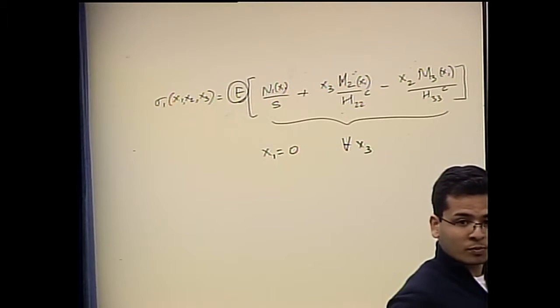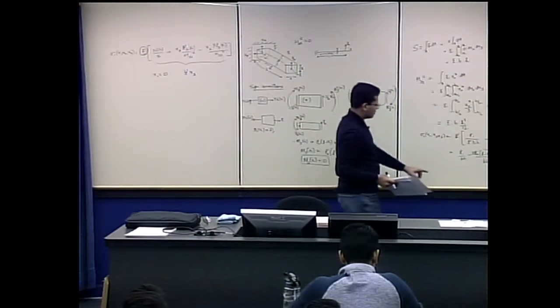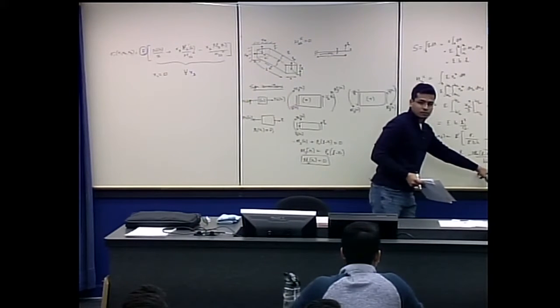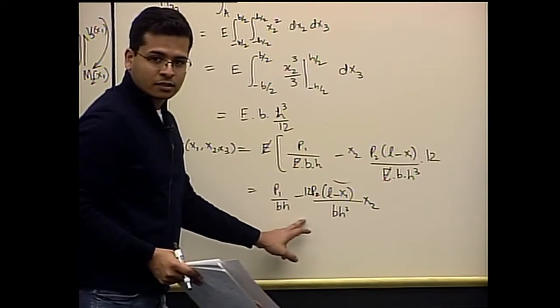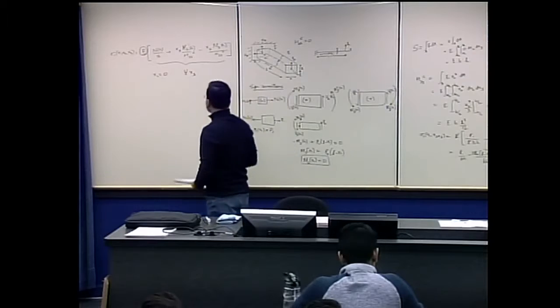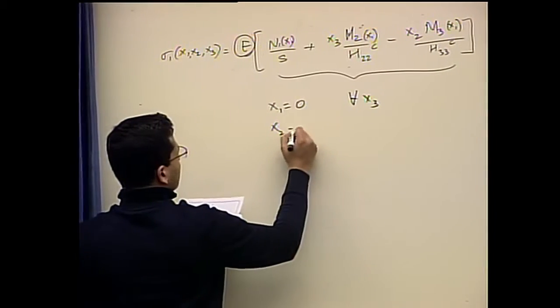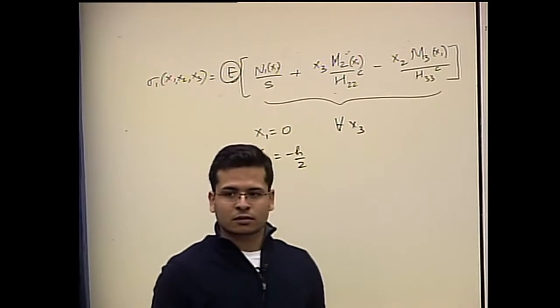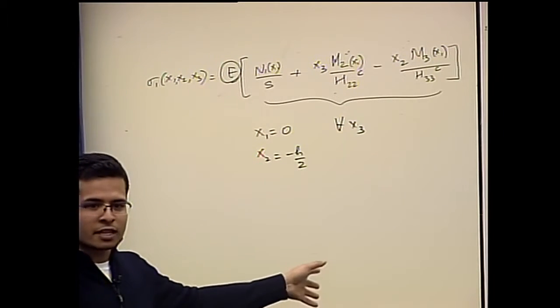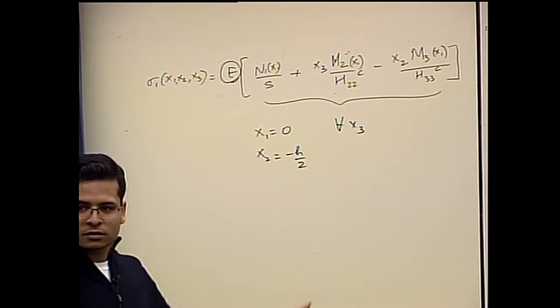So what should be x2? We have maximized this term, but there is a negative sign here, right? So x2 will be minus h over 2, because that's the most negative value in the whole cross section, right?